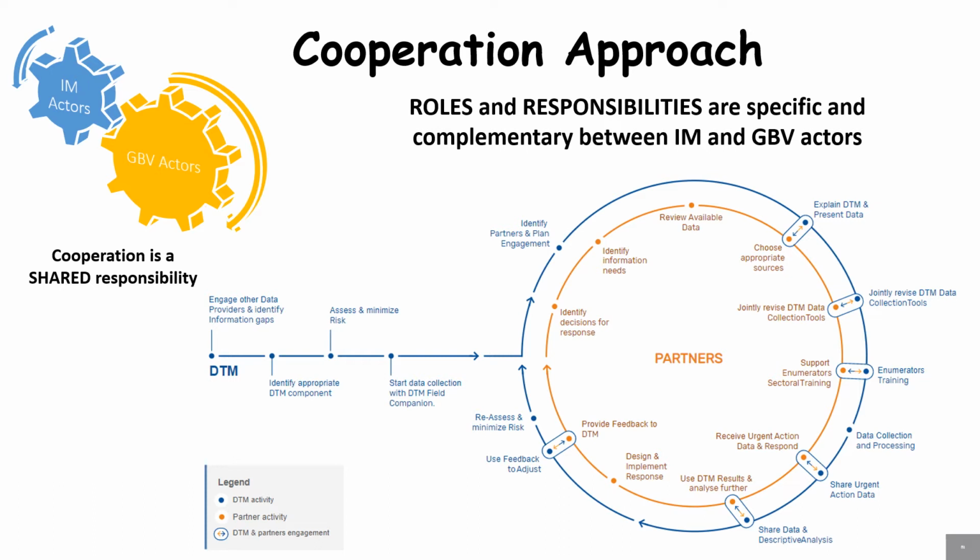Others should be agreed upon in country depending on the situation, the resources, and the coordination structures in place. Roles and responsibilities are specific and complementary for information management and gender-based violence actors.